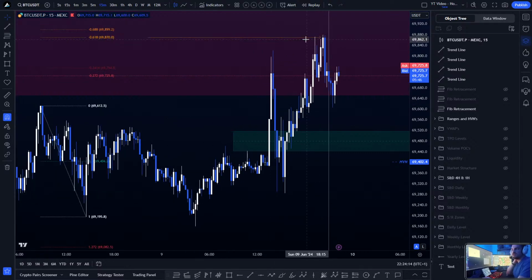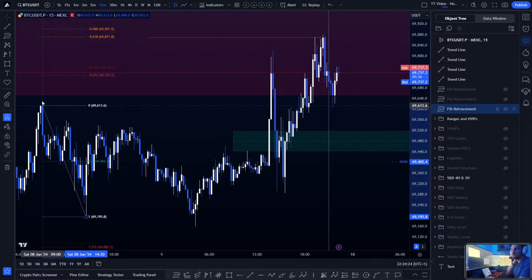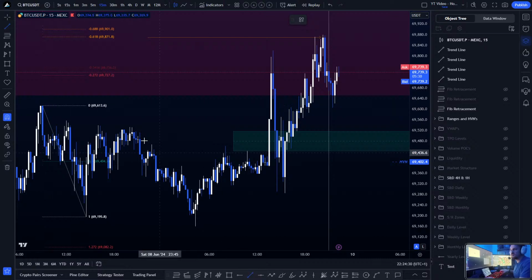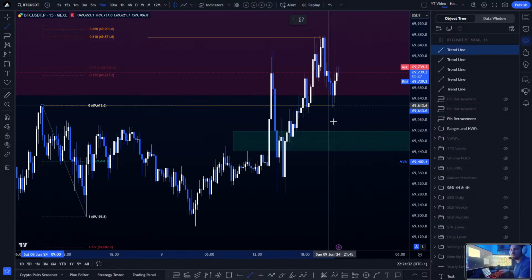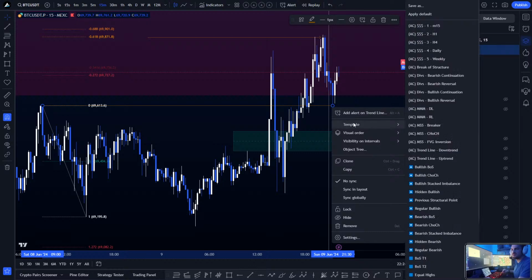618, when we get a nice reaction, possible targets are the 0.5, if that doesn't hold the opposite deviation. Or it can just come for the 0 point, which is basically a previous structural point, right? And use it as support. Like this. It was kind of perfect.